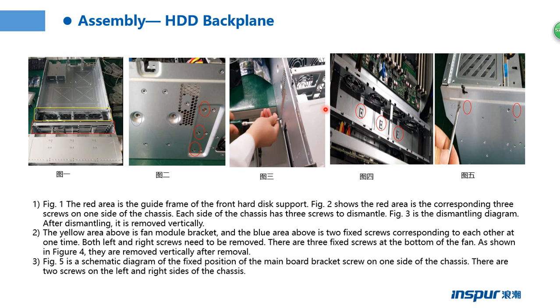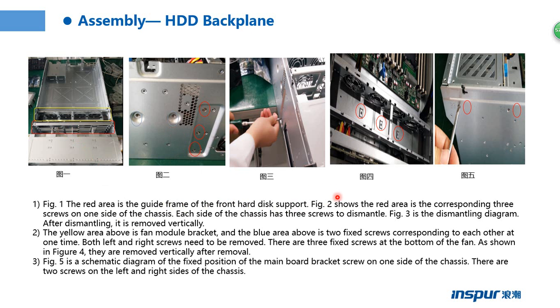This page shows how to assemble the hard drive backplane. It's a little difficult. For the front hard drive backplane, you need to pay attention to the red area. It is the guard frame of the front hard disk support.